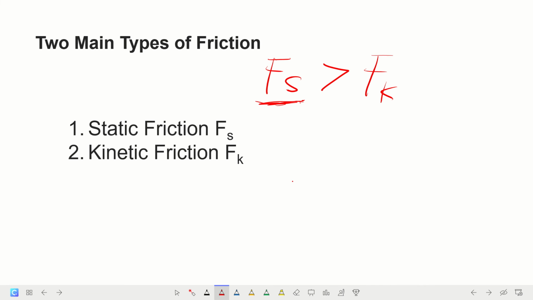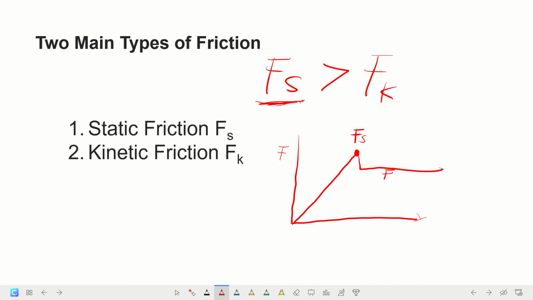So if we are going to graph this, if we have here, ayan, the force applied towards this direction, and we have here the friction force. So this is our maximum static friction, and we have here the kinetic friction. So meaning we need to overcome this maximum point of static friction in order for us to move an object.